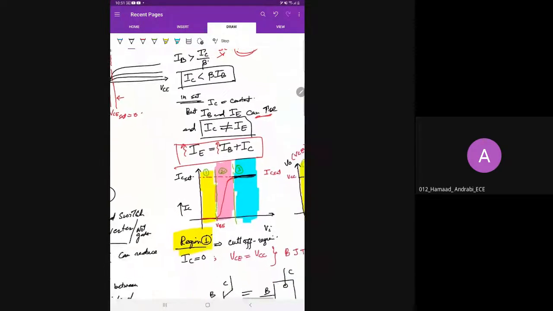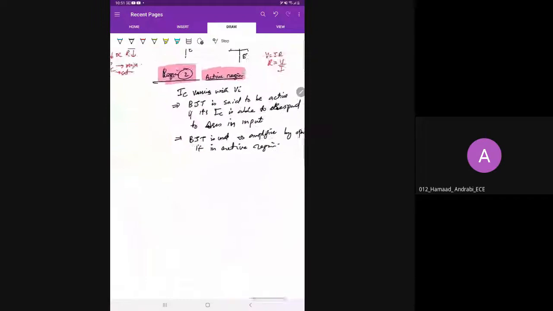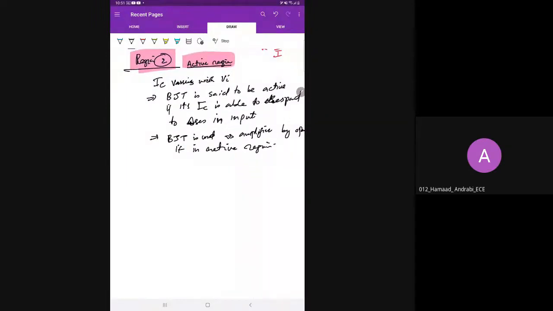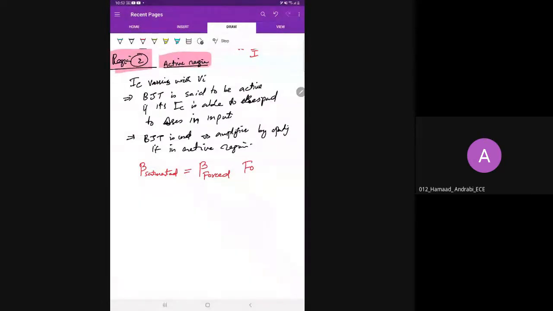So beta in the saturation region, the saturated beta, is also known as beta forced. At that time beta is called beta forced, or forced beta.